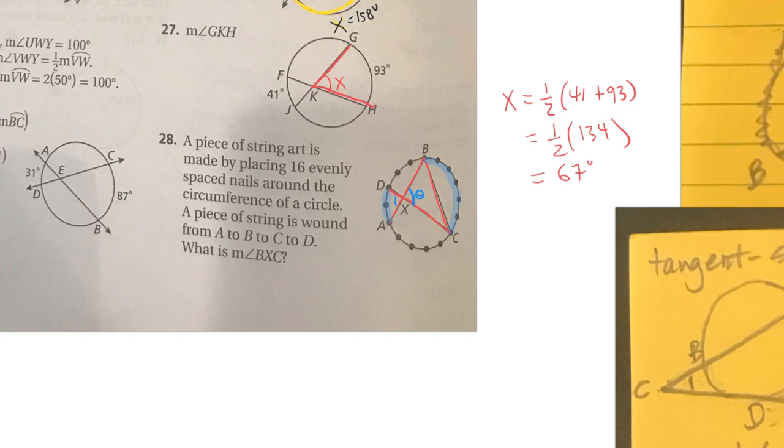Now, we know that it's 16 intervals all the way around. So I feel like what that means is we could figure out the degree measure of just one of these by taking 360 and dividing it by 16. 360 divided by 16 is 22.5.